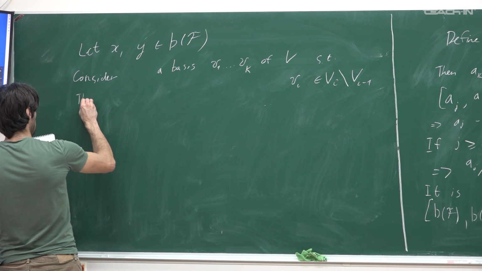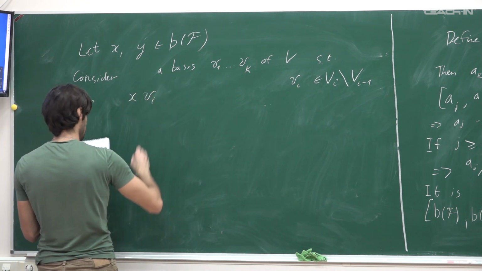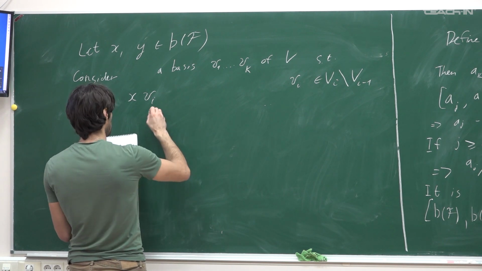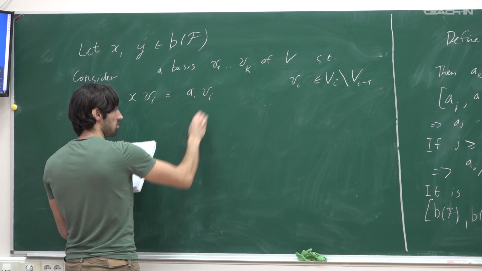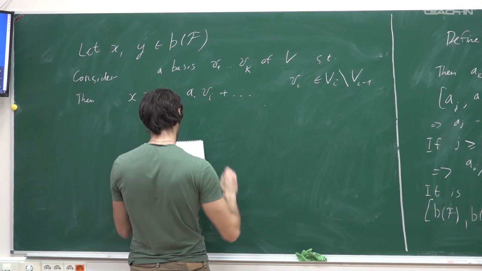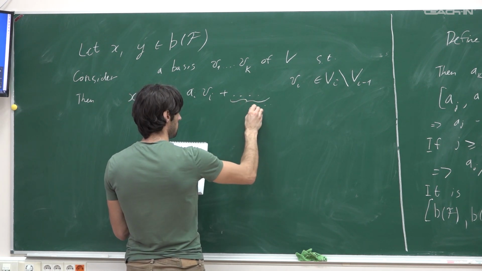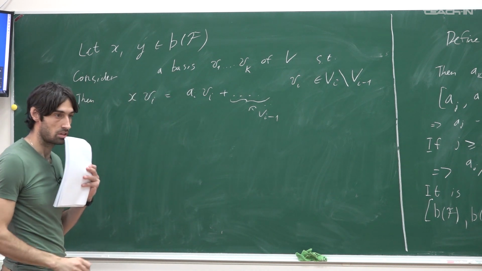So then I take x and act on v_i, and I get some number a_i times v_i plus something which is inside V_{i-1}.